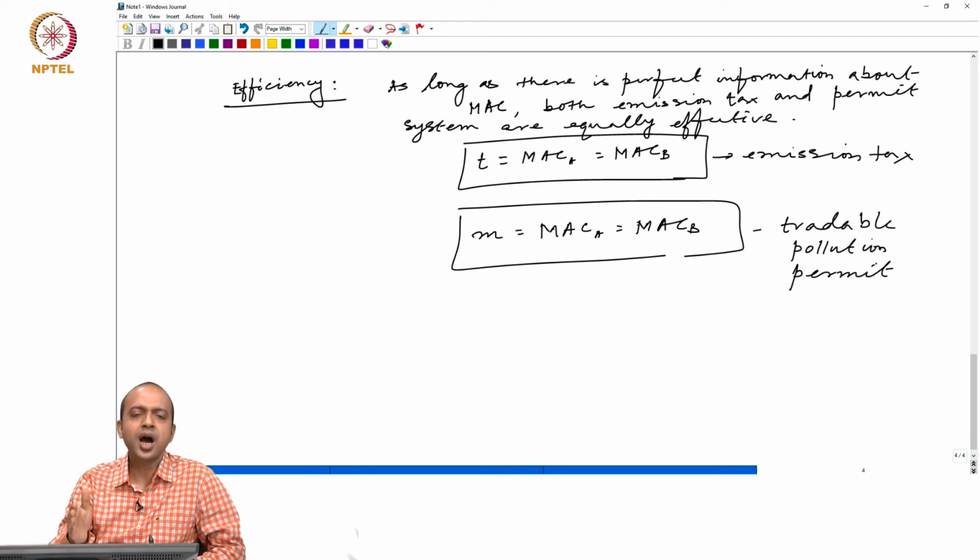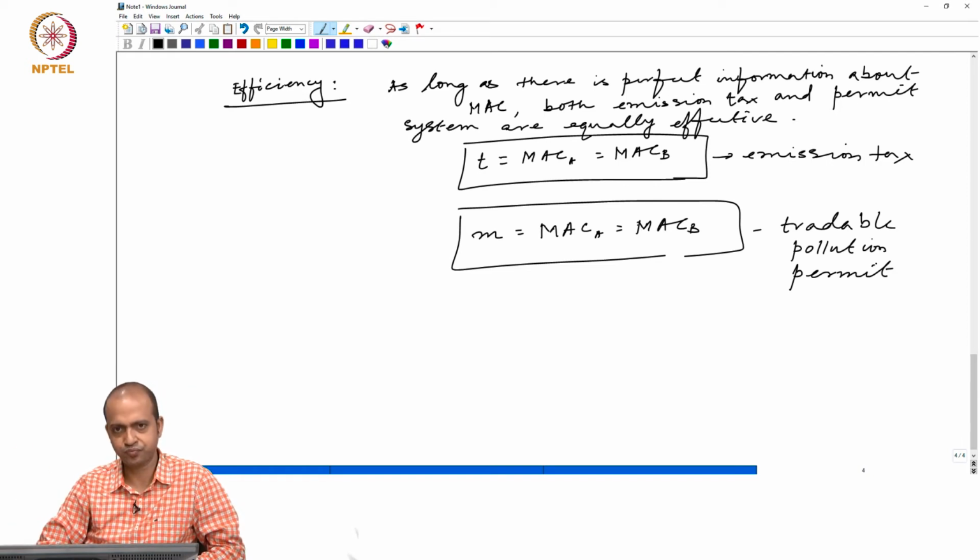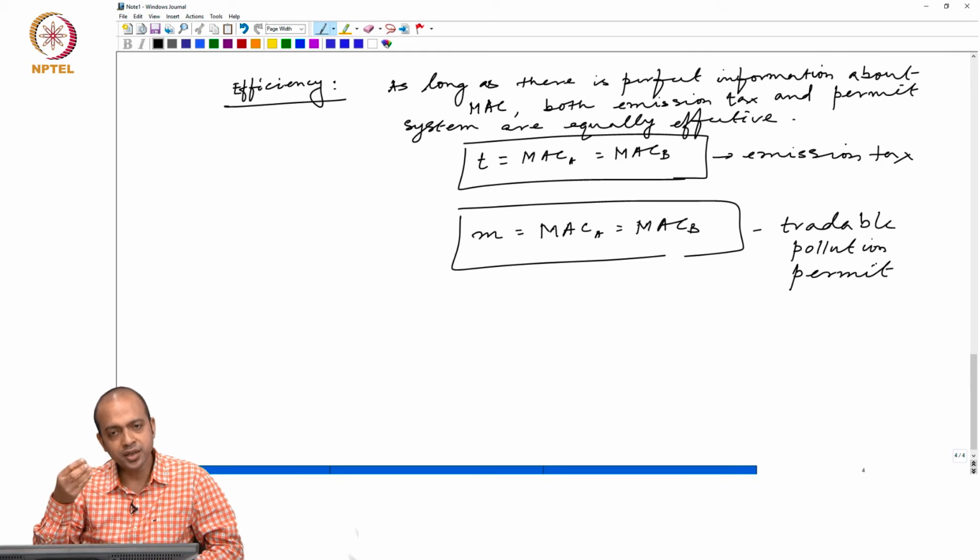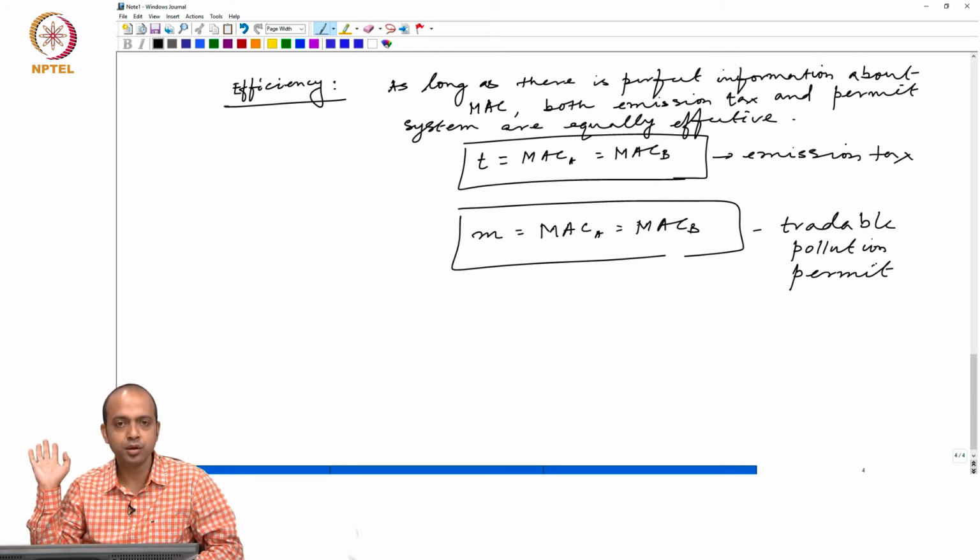In this case, I am not asking the firms that you should abate this much and you should abate that much. Regulator is not asking any amount of pollution control from the firms. Rather, regulator is only deciding about the tax rate. Firms themselves decide about their respective pollution control responsibility.